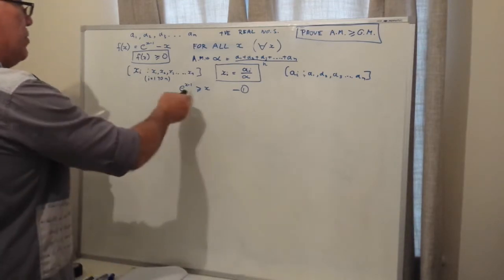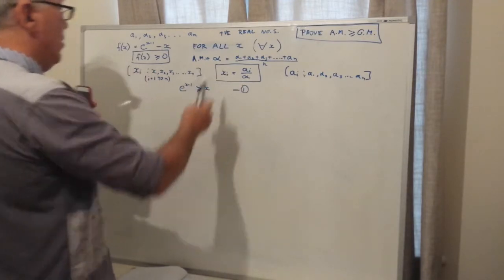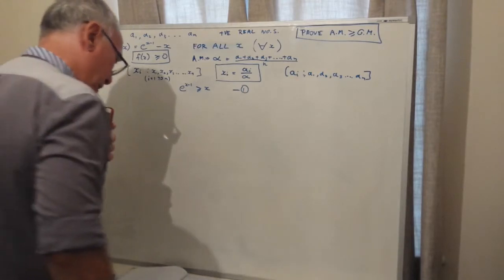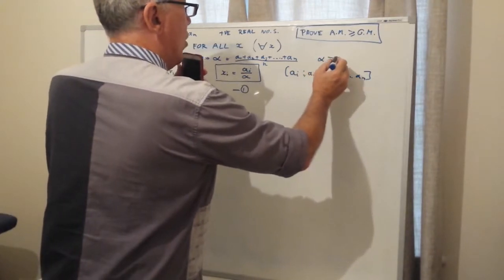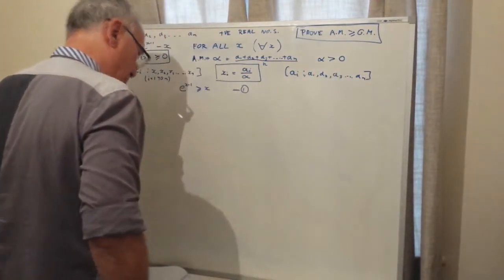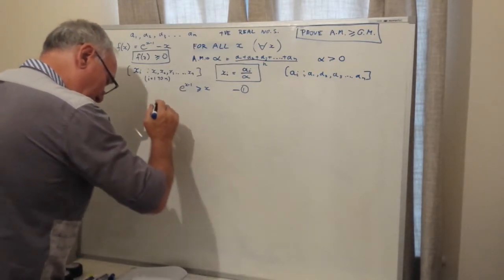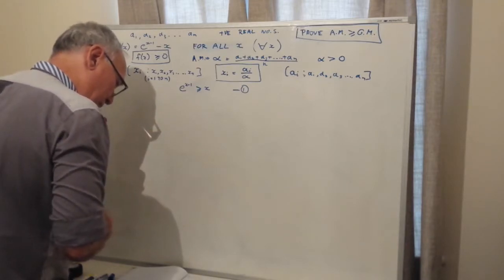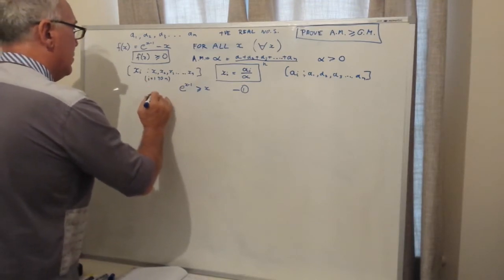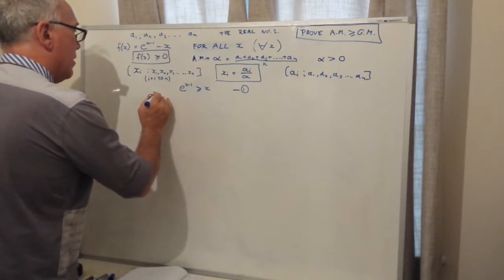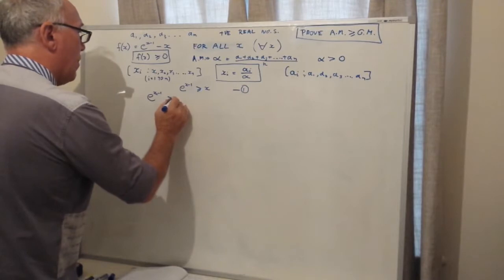So now we're going to use this and substitute all our different values of xi, which is x1, x2 to xn, and we're going to create a number of equations. So we have e to the power of x1 minus 1 is greater than or equal to x1.